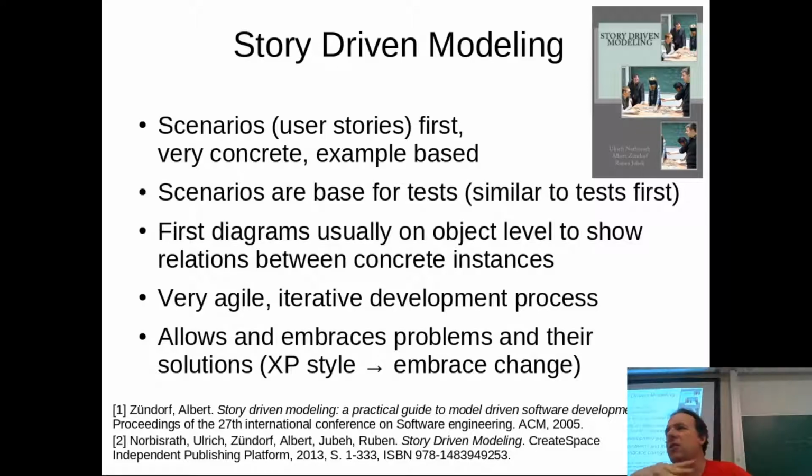This book is called Story-Driven Modeling. It's all about being agile and very close to the customer and creative and also critical about the whole process. And the same way of thinking I want you to develop in this class, because in the end you should make your own project, and that should be based on these principles.